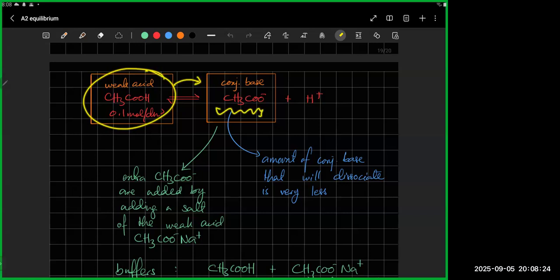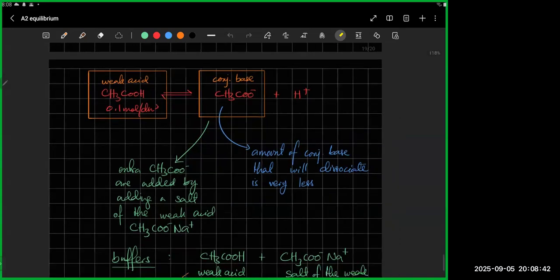So the trouble is that etheric acid on its own will have very, very few etheric ions. So you have to add extra ions in your solution. And how do you add extra ions? You add a salt of etheric acid.